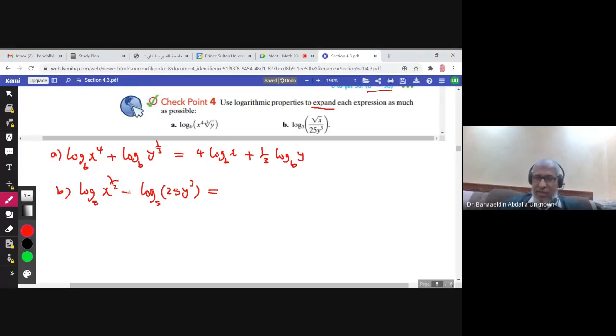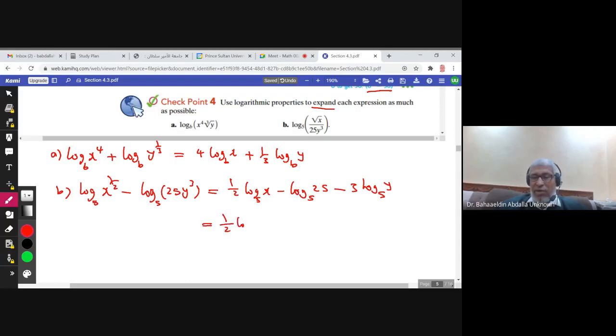If I write it, half log x to the base 5, then I will have minus log 25 to the base 5, then the minus will also be multiplied again, and I will have log y cube, or if you take the 3 outside, you can write it 3 log y to the base 5.